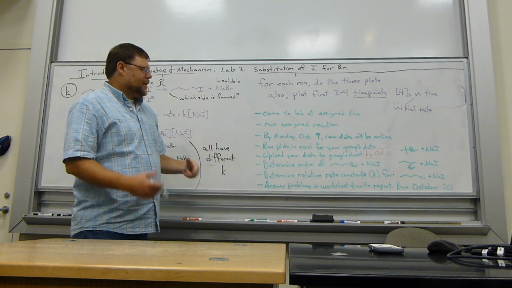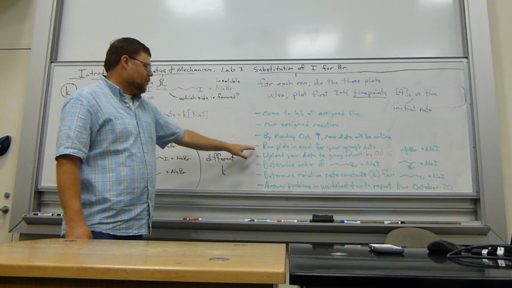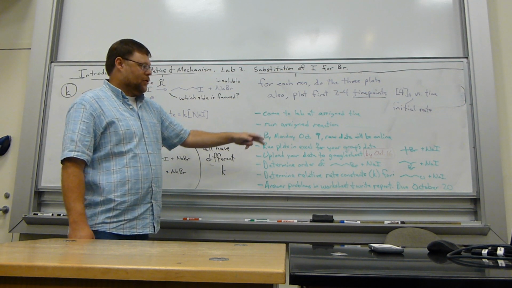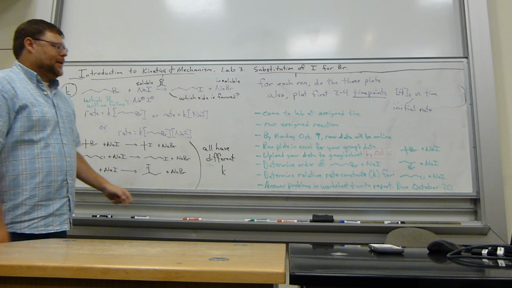You're going to take this raw data that Natalia and I will post, and you'll analyze it. You're going to run plots in Excel for your group's data. So if you do N-butyl chloride and sodium iodide, that's the data you process.